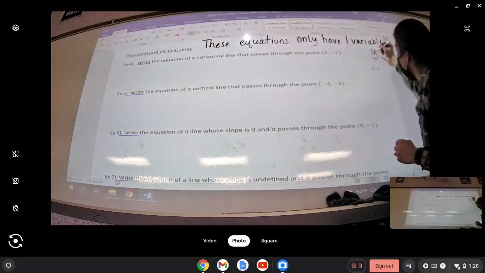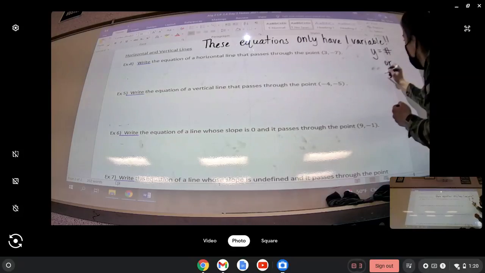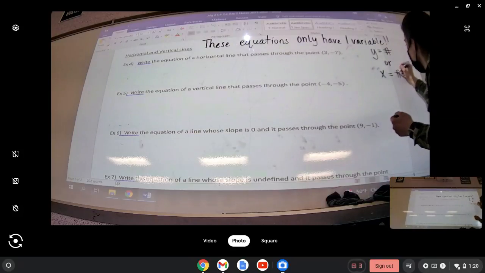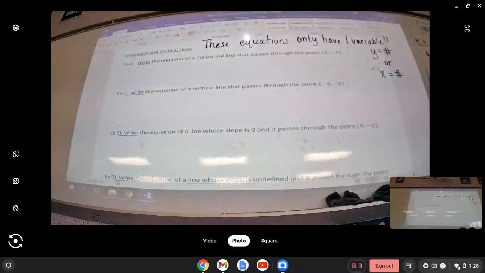So it's either going to be y equals some number, or it'll be x equals some number. That's how basic their equations are. Let's start with a really straightforward one.